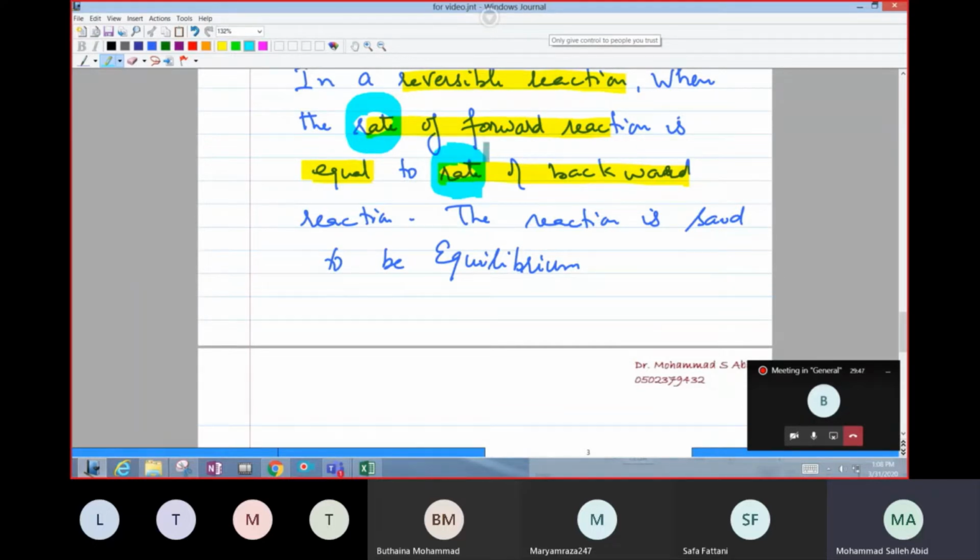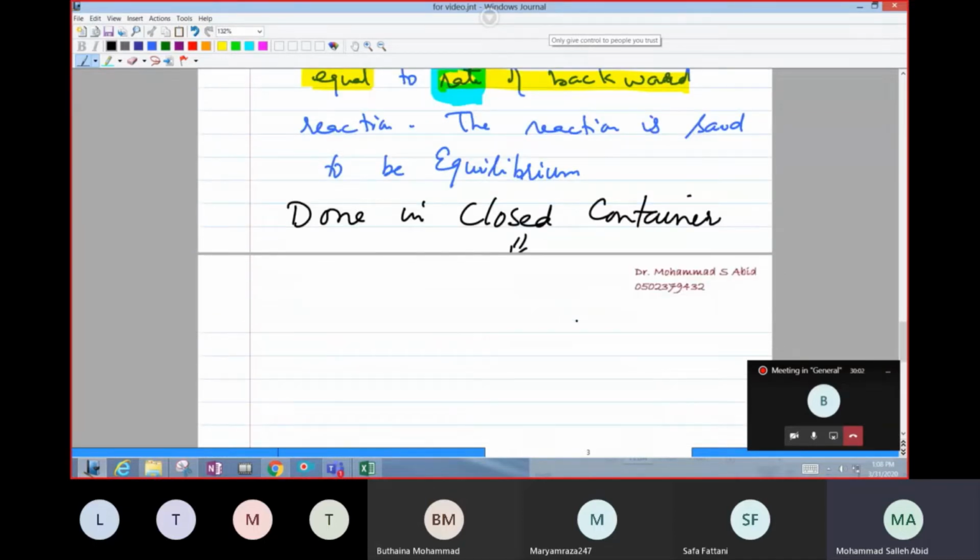Now, for the reaction to attain equilibrium, it has to be done in a closed container. Usually it's better to write this, but a closed container is only required when you have gases involved.